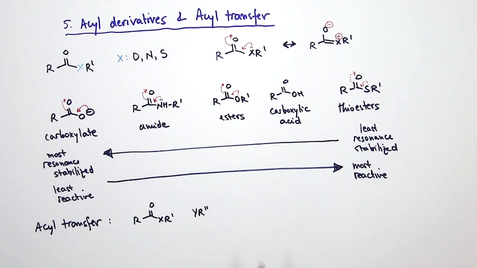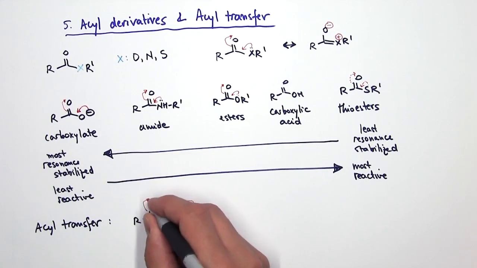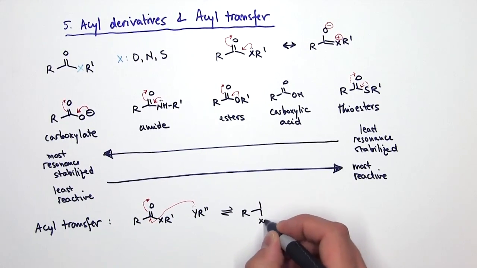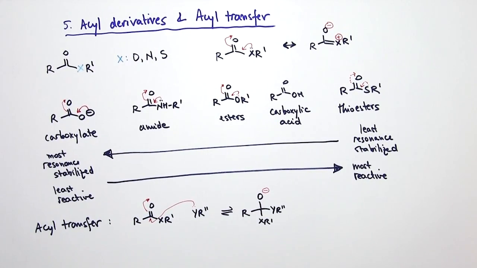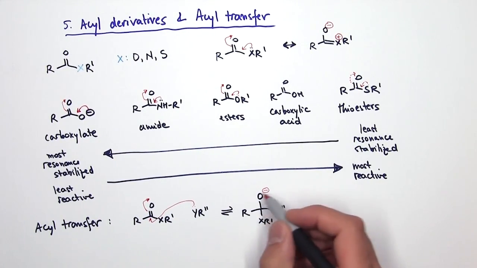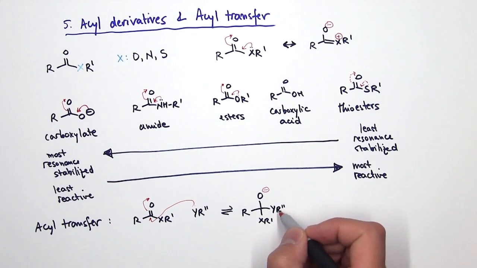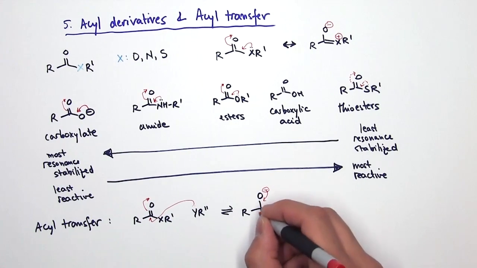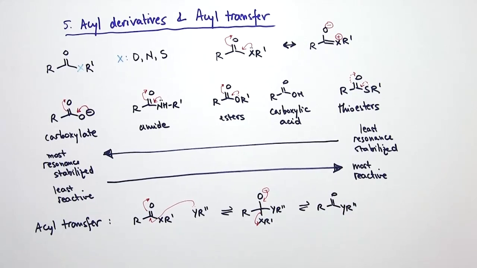So this reaction always occurs via a tetrahedral intermediate, when both substituents are attached to the carbon. Now from here, this tetrahedral intermediate can fall apart by kicking off the YR to regenerate the starting material, or it can kick off the XR group to generate a new acyl derivative.